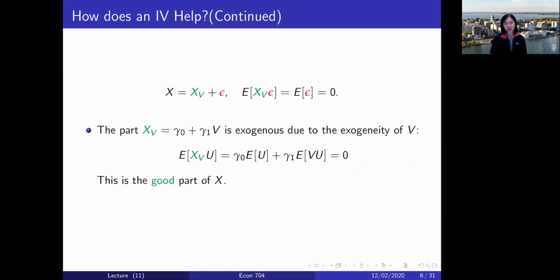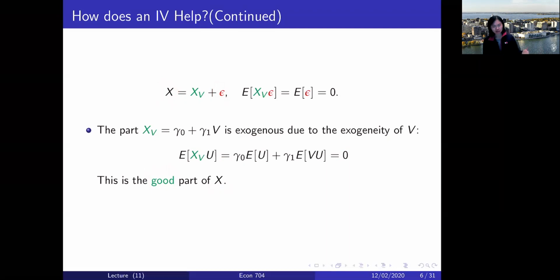So what we are saying is that using the instrumental variable V, we were able to decompose X into two parts, and one part is the good part of X. That's the exogenous part of X. Well, the other part obviously is going to be the bad part of X, because otherwise X would be all good.